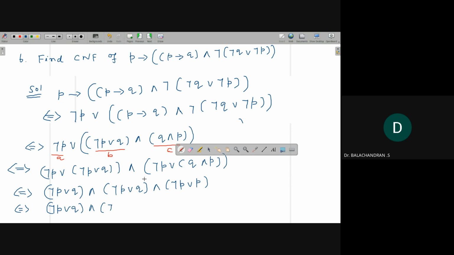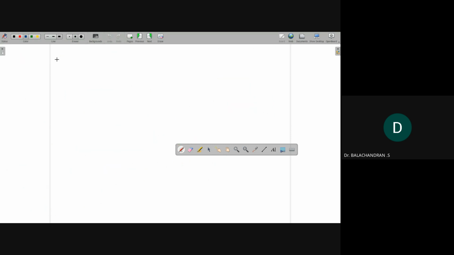Negation P or Q, there is no need to write again, because P and P is P, and this is actually true. So this is negation P or Q. I'll write in the next slide: this is equal to negation P or Q. So actually, I have only one term here.